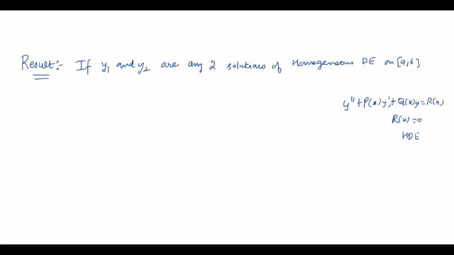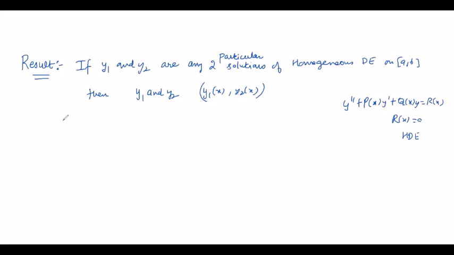So suppose for the homogeneous differential equation, we have two solutions. These are two particular solutions. Then y1 and y2, obviously they are y1(x), y2(x); don't get confused that they are numbers, they are functions.